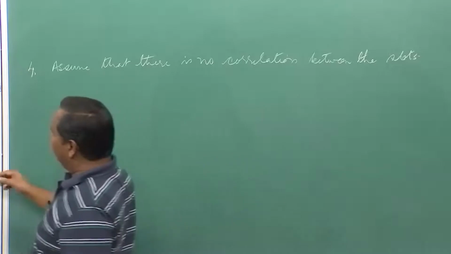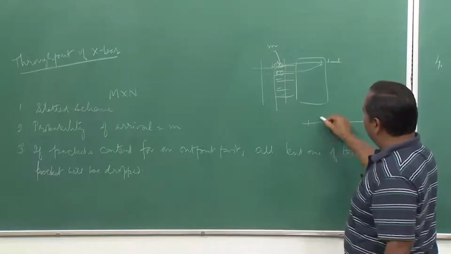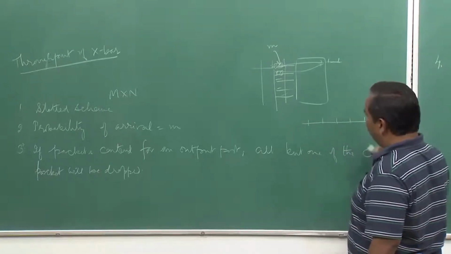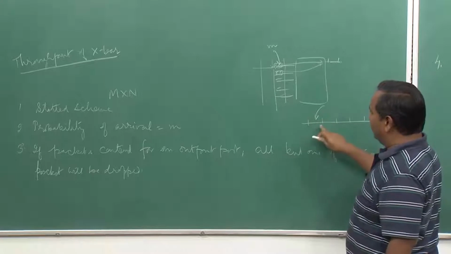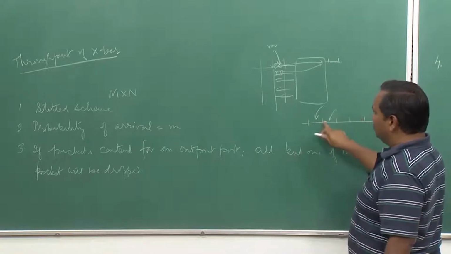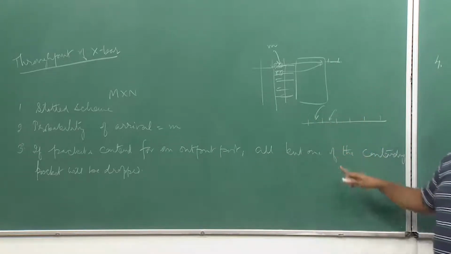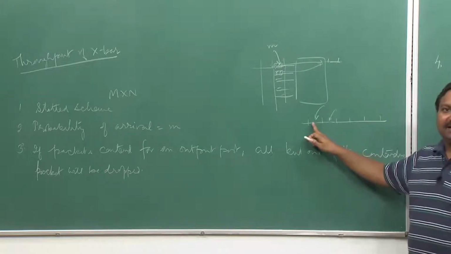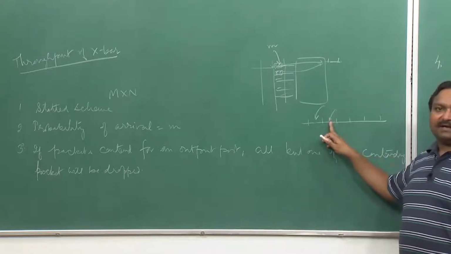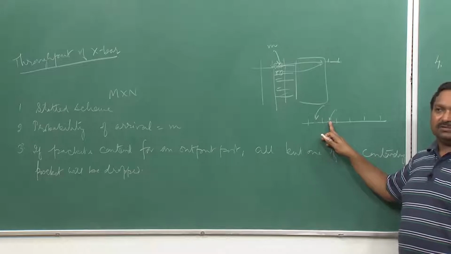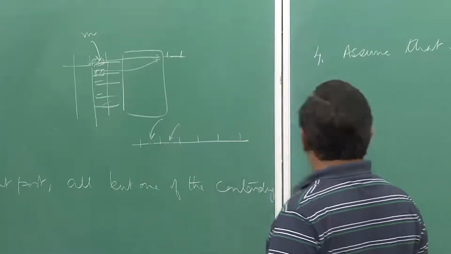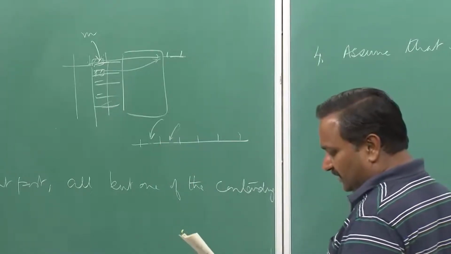When you have a time series, there are multiple slots at an input. When a packet arrives here and a packet arrives here, these two packets are independent, they are in no way correlated. It is not that if a packet has arrived here, there is a higher chance of a packet coming at this point. So, there is no correlation between them, it is purely an independent event. That is another assumption.